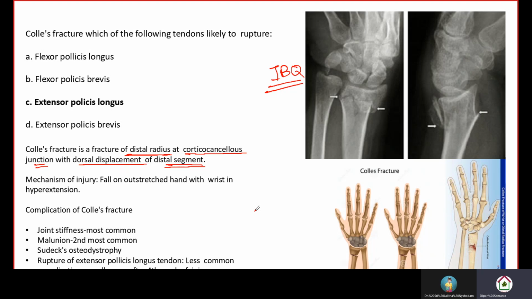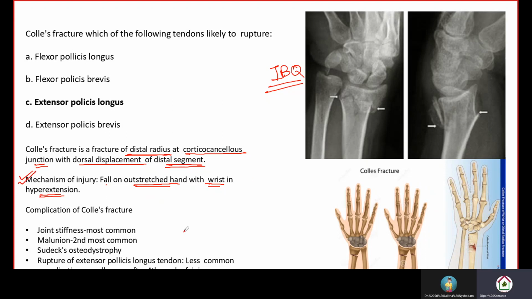So mechanism of injury: fall on outstretched hands. Colles fracture occurs when the person falls on outstretched hands with the wrist in hyperextension. This is a very important point.